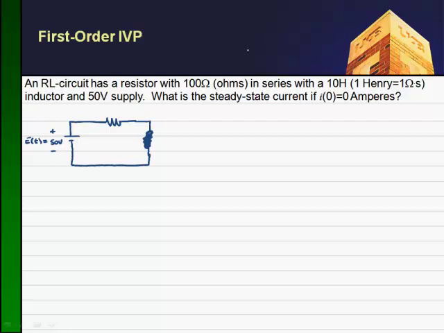Okay. All right, so our resistance is 100 ohms, and we have an inductance of 10 Henry.